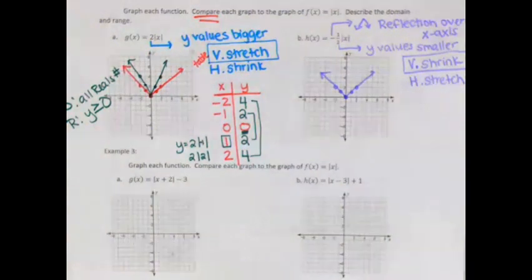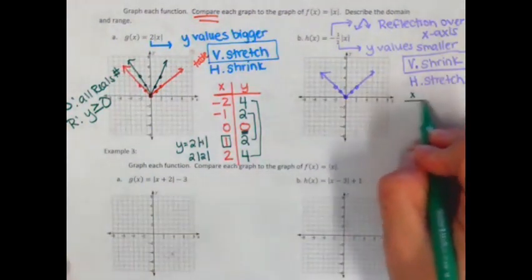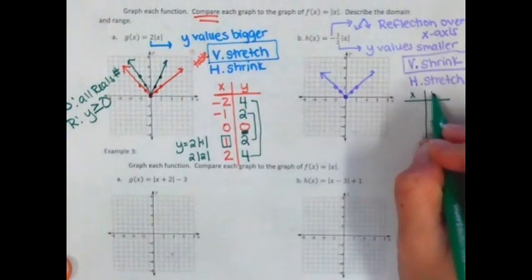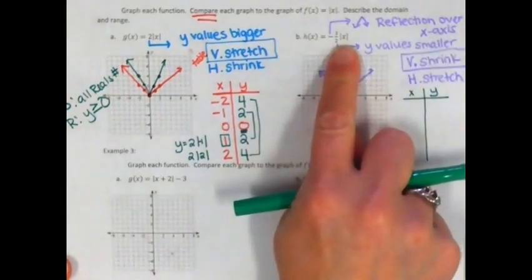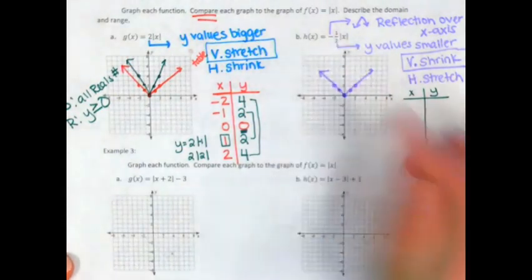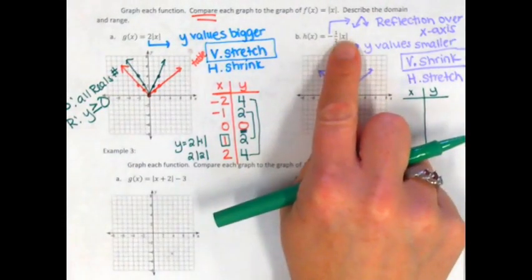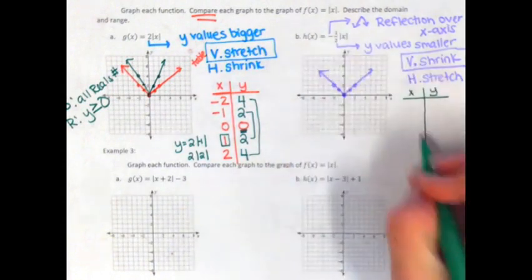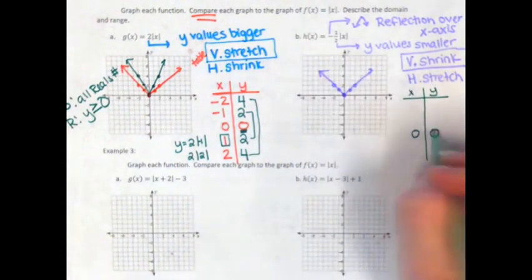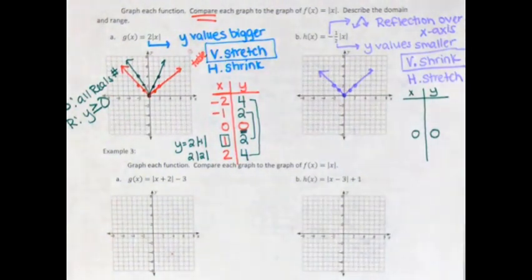Now let's go ahead and make our table. Does my vertex change? Do I have an H or K? What's inside the absolute value? Just x. There's no number in there, so my H is still 0 and my K is still 0. Now, here's the question.